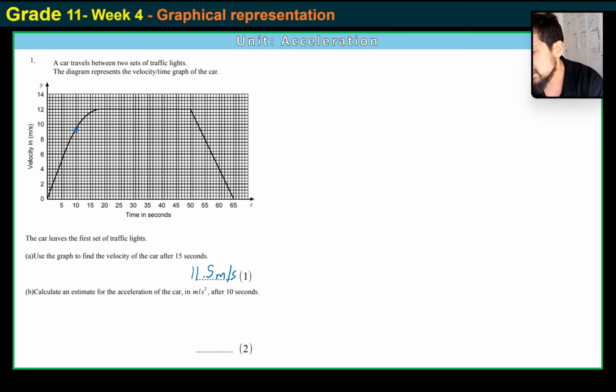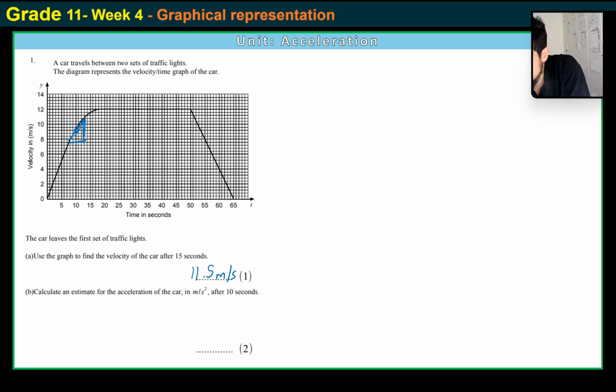So I need to draw a tangent here, and then I can take the rise over the run. Does the tangent have to be big? No, absolutely not. I can draw a short one.